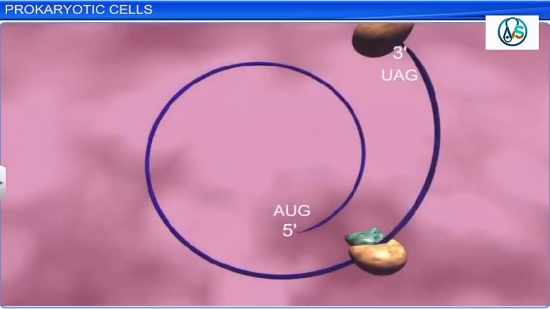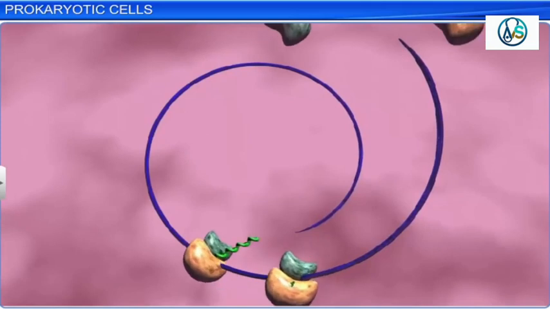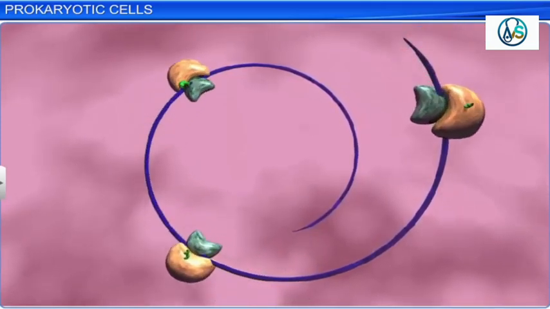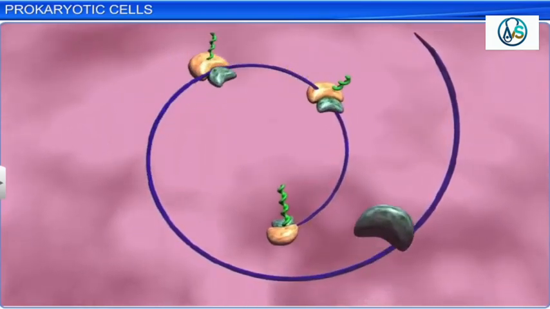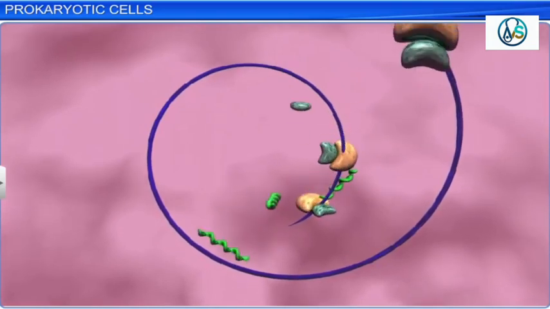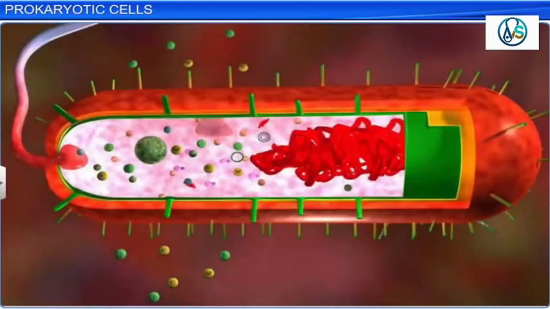These ribosomes attach to a single messenger RNA, a type of RNA that aids in protein synthesis, forming a chain called a polyribosome or polysome, and ultimately translate messenger RNA into proteins. Apart from the ribosomes, cytoplasm also contains inclusion bodies such as phosphate granules, cyanophycean granules, and glycogen granules, which are used for storing reserve materials.